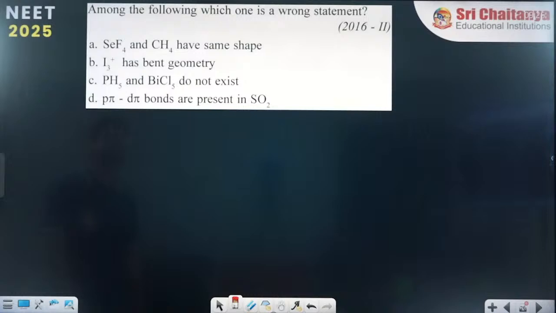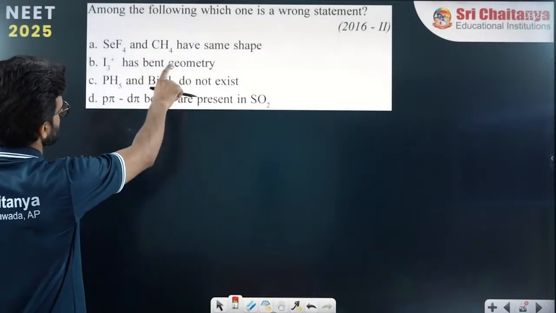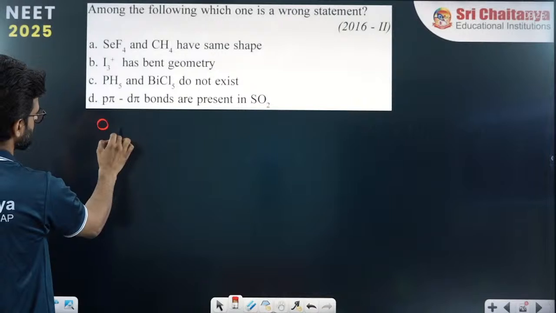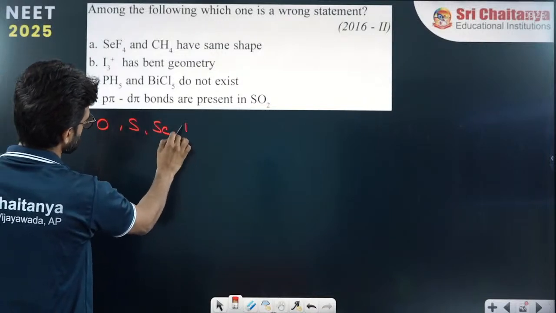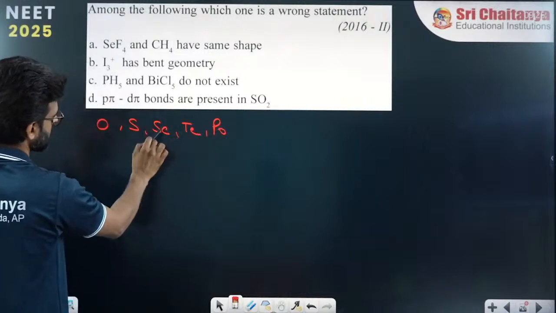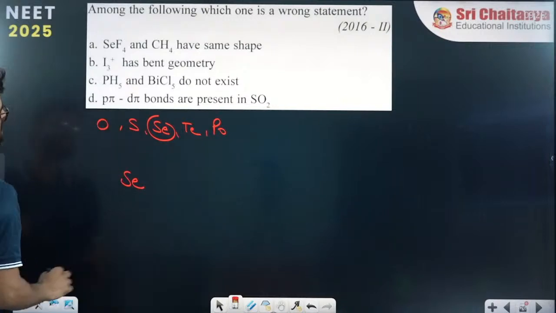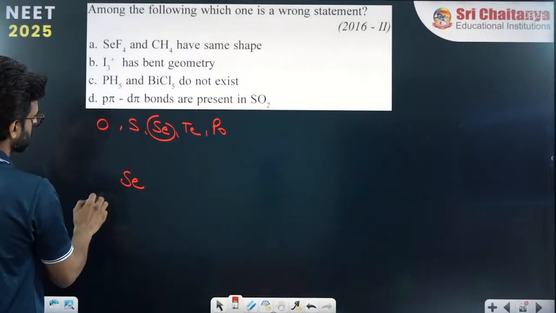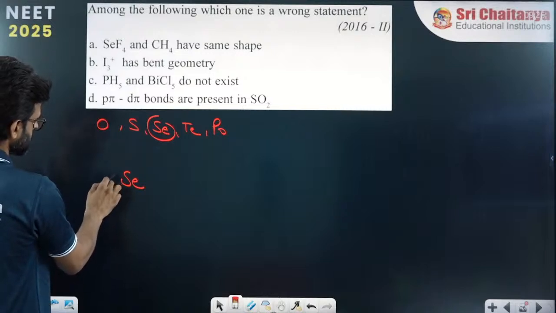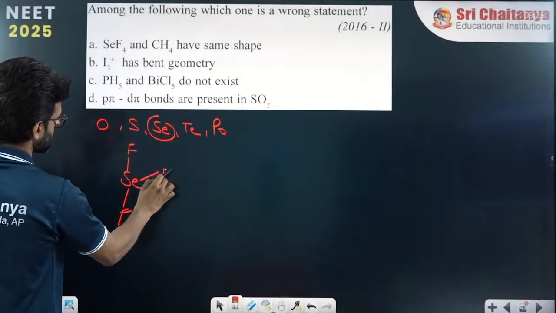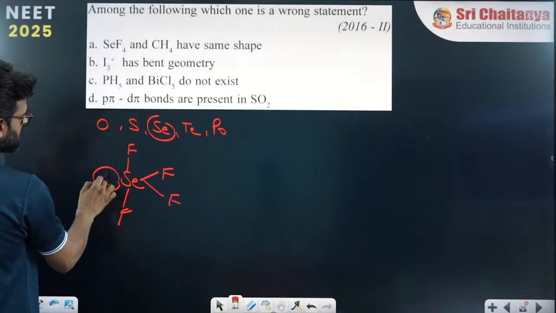Among the following, which is the wrong statement? You have to see here. SeF4 and CH4 have the same shape, they are saying. Se: if you see oxygen, sulfur, selenium, tellurium, polonium, these are chalcogens or the 16th group. Selenium has 6 valence electrons. So if I draw SeF4, it will have 4 bonds, and what is remaining? 1 lone pair.